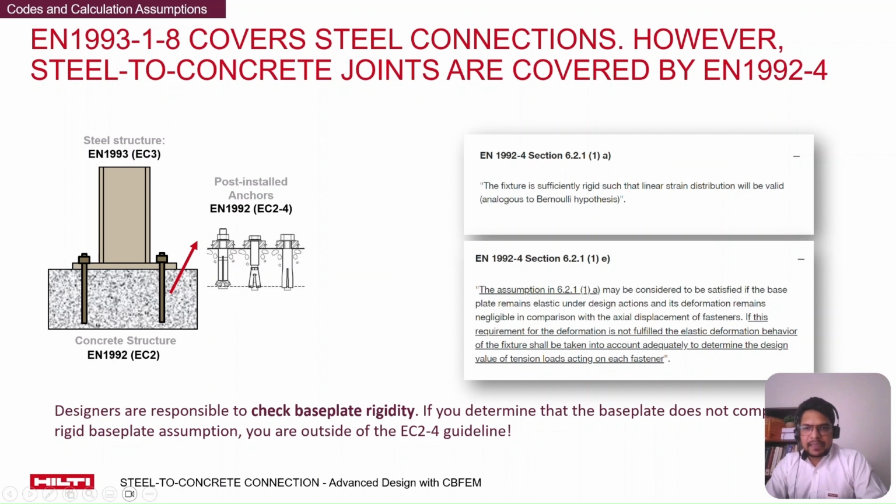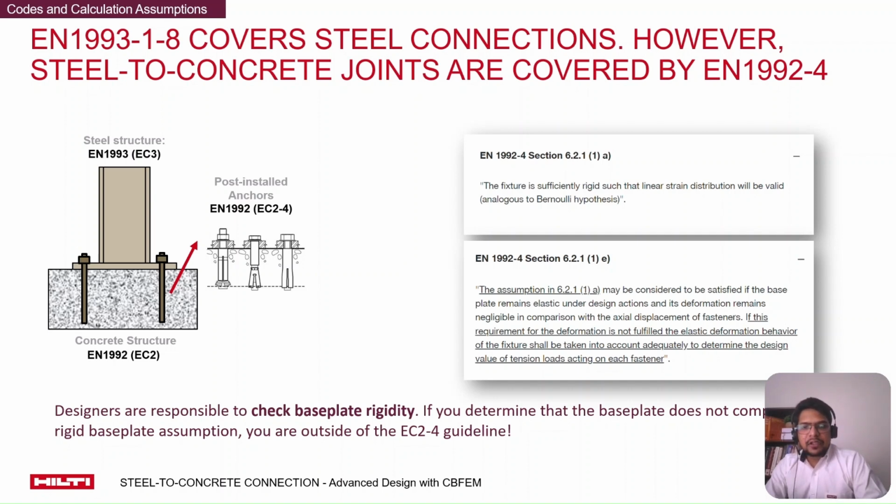So it states simply that the tension loads acting on the anchor need to consider baseplate rigidity. In fact, the designer must confirm the baseplate remains elastic under design actions and deformations remain negligible.